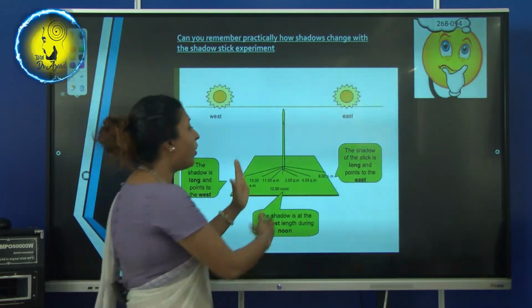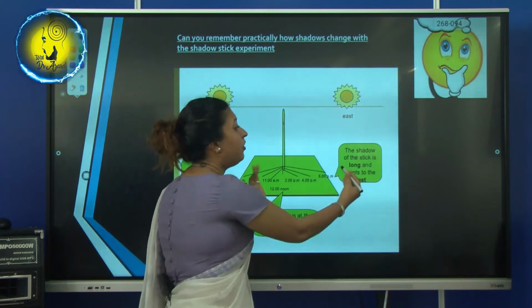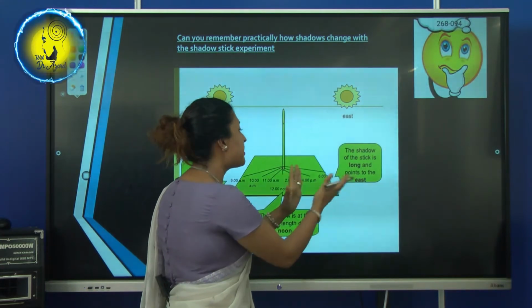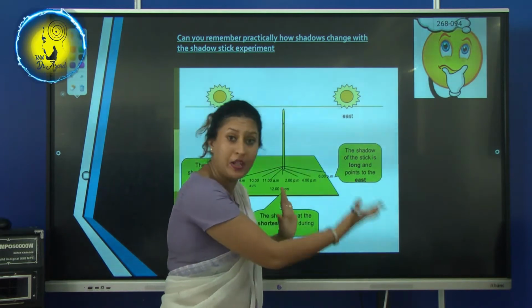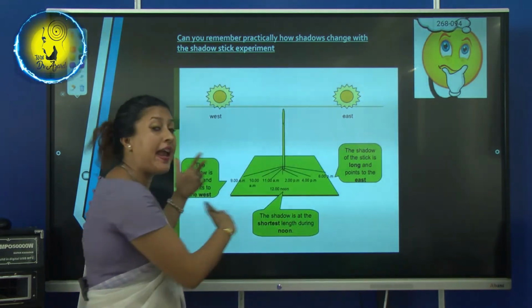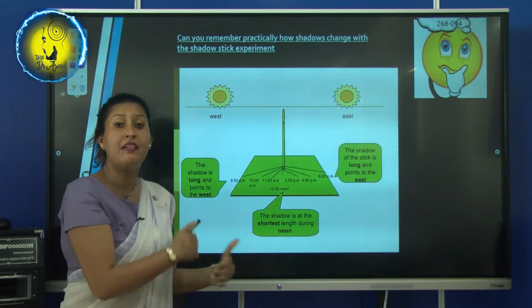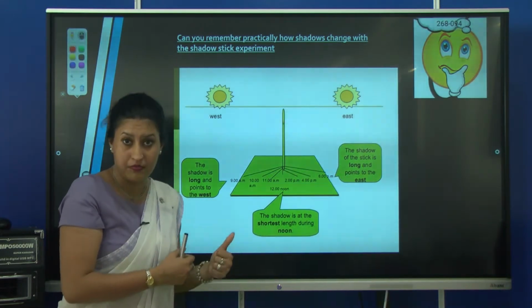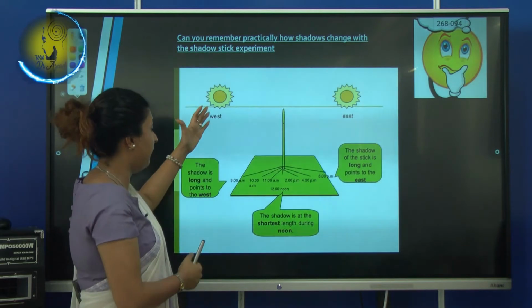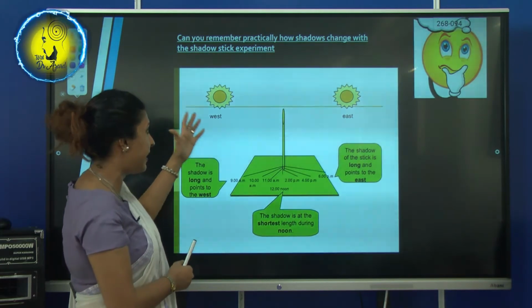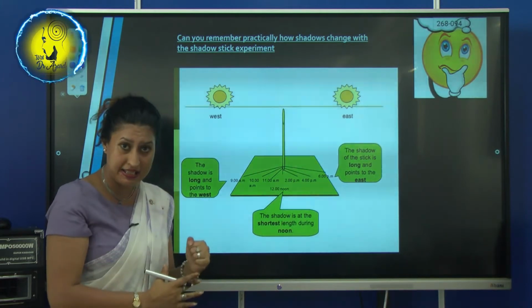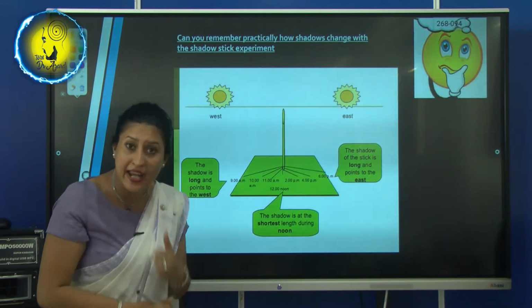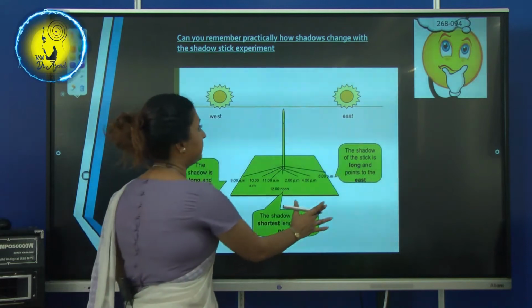And when you go to this side, the shadow of the stick is long and points towards east. It is still long, but it is pointing towards east. These are the changes that happen with the movement of the sun. So you can tell, my dear children, with the position of the sun, the light source, the shadows also change.